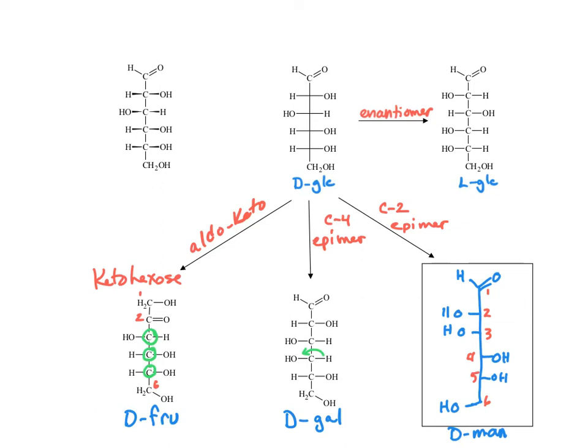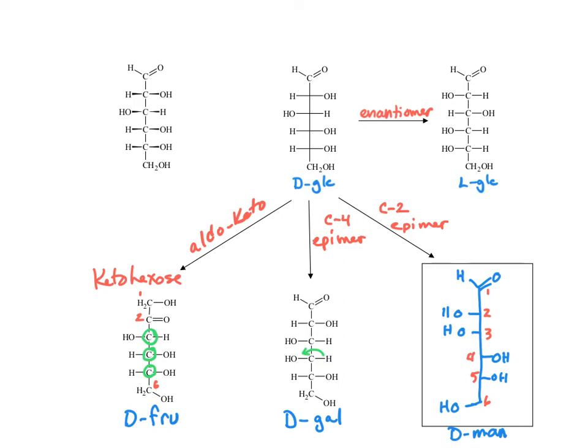This makes mannose, and mannose, like I said, is a key sugar we'll see in more advanced types of carbohydrates. So I wonder if you picked something up. I did this on purpose. Notice in D-glucose we have the OH going to the right, and here in mannose I made it to the left. Maybe you drew it to the right. Well, like I said earlier, either way is fine.